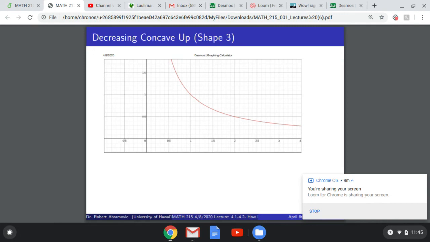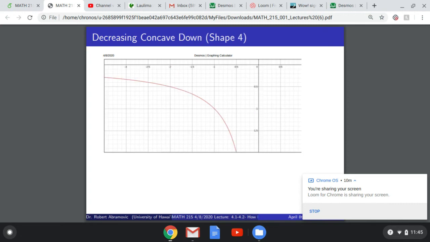The third shape is decreasing concave up. This is the function 1 over x, and this is a piece where the function is decreasing concave up. The fourth shape is decreasing concave down. This is actually another portion of the curve 1 over x, and there, the same curve is decreasing concave down.